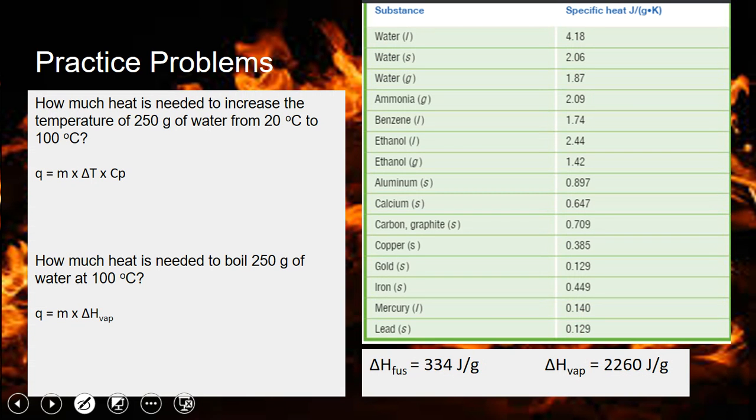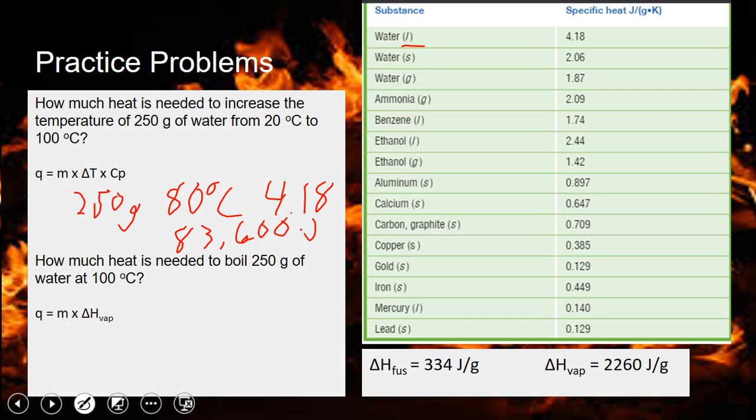The mass is 250 grams. The change in temperature from 20 to 100 is 80 degrees. And your specific heat in this case is the liquid water one, 4.18. So you multiply 250 times 80 times 4.18, and you get 83,600 joules as the amount of energy required to do that.